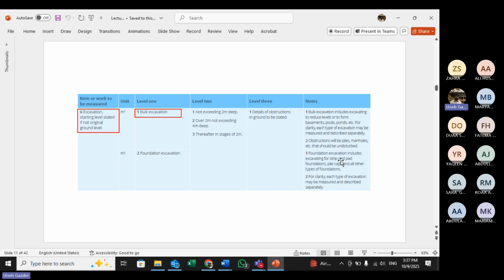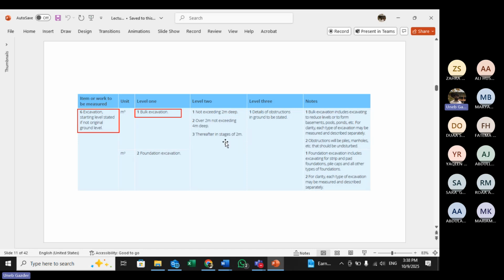So for bulk excavation, you will mention in the description bulk excavation, including this whole thing, or this whole thing, whatever applies. And then you will mention the limit of the level. Is it up to 2 meters? Is it between 2 meters and 4 meters? Is it more than 2 meters? More than 4 meters, more than 6 meters, more than 8 meters. So this is what they mean.